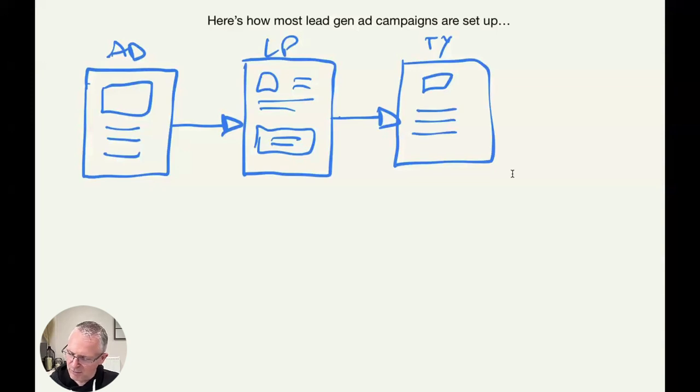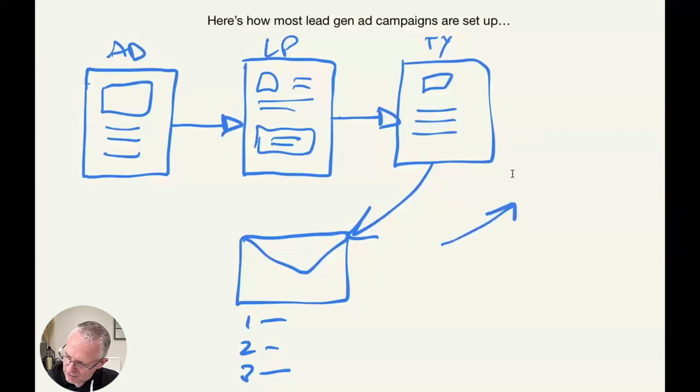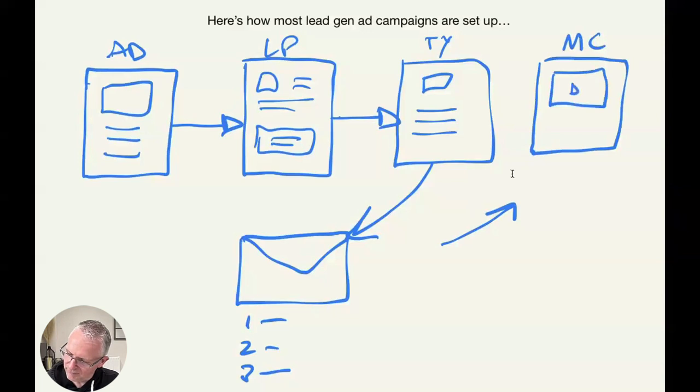And then once people are on that thank you page and they've opted in, they're also going to be added to your email list, and you'll be sending them email 1, email 2, email 3, and so on to nurture them, keep them warm. And if it's for a masterclass, then eventually people are going to come to the masterclass where you've got your video playing, or if it's live, or however you decide to structure it.